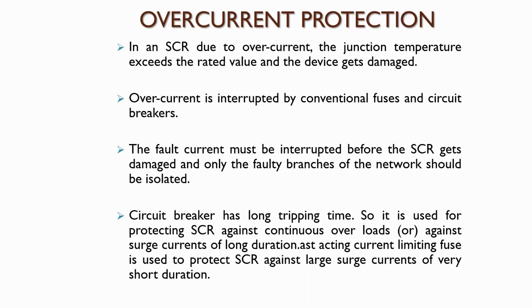The fault current must be interrupted before the SCR gets damaged, and all the faulty branches of the network should be isolated. A circuit breaker has a long tripping time, so it is used for protection of the SCR against continuous overload or against surge currents of long duration. A current limiting fuse is used for protection of the SCR against large surge currents of very short duration.